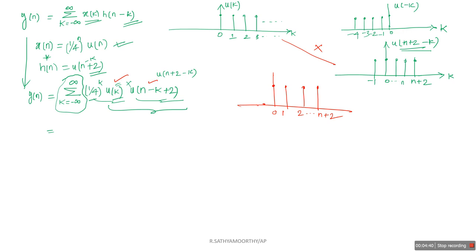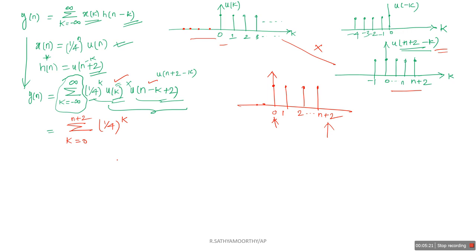The other places will be 0, because we have 0 in u of minus k, and only from 0 to n plus 2 is the signal present in u of n plus 2 minus k. For less than 0 the signal will be 0. So now the limits change: what is the lower limit? The lower limit is 0. What is the upper limit? The upper limit is n plus 2, with (1/4)^k.